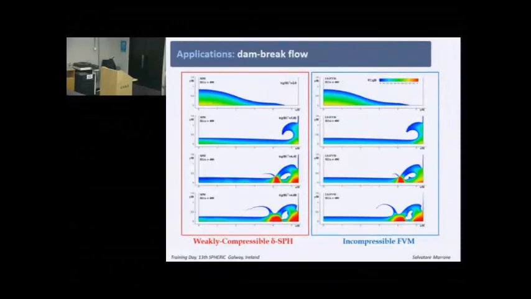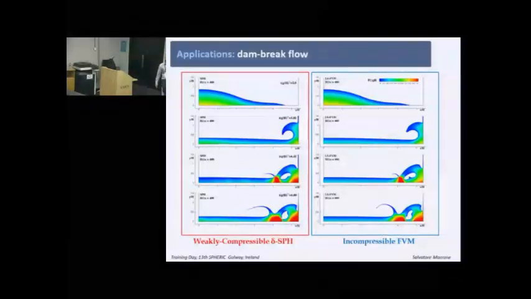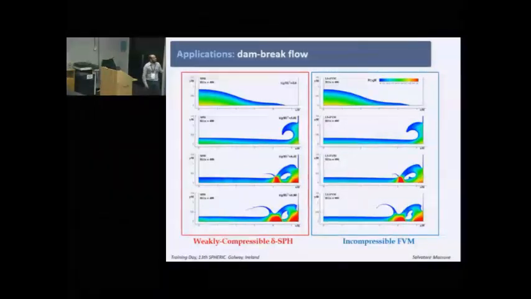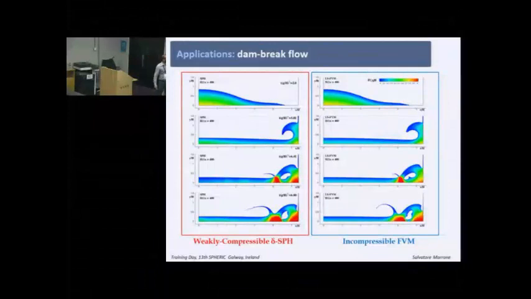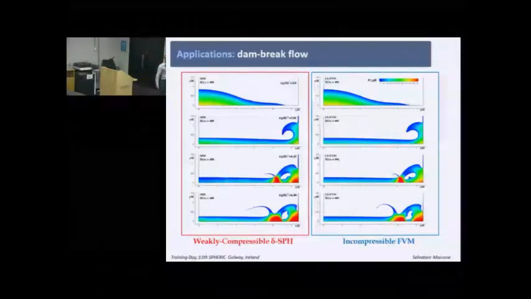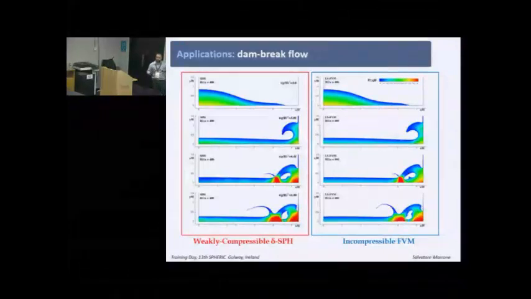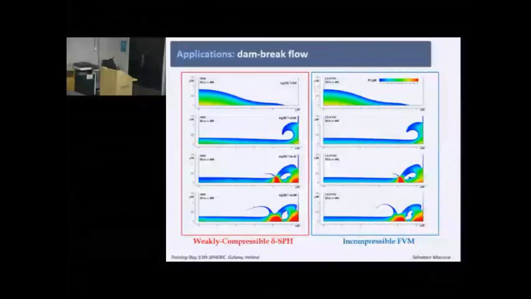You can see that in this case, even the pressure field is very similar to the incompressible one, and this is, let's say, a clear proof of the fact that if the weakly compressibility assumption is well posed, in the sense that we are really neglecting the compressible effect, the solution is exactly analogous to the incompressible one.